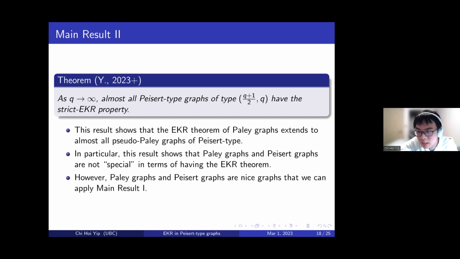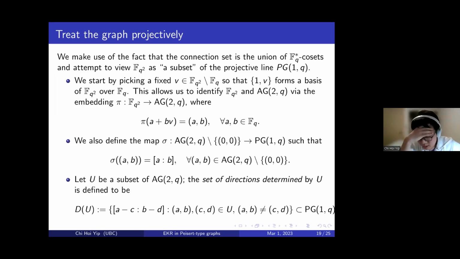Okay, I guess in the remaining time, I would like to briefly sketch the main idea of the proof. I would like to start from an idea which somehow makes the problem much simpler, and the idea is to treat the graph projectively. And this again relies on the decomposition of the connection set as a union of F_q star cosets.